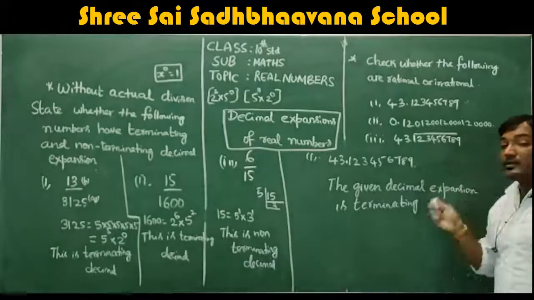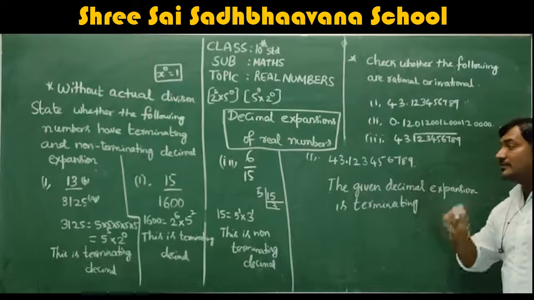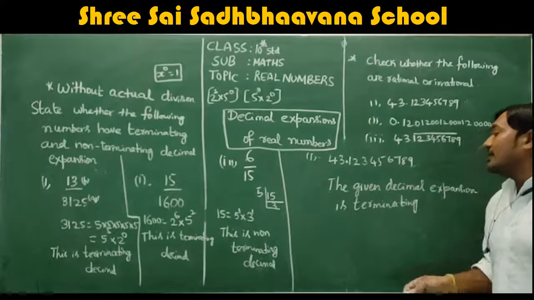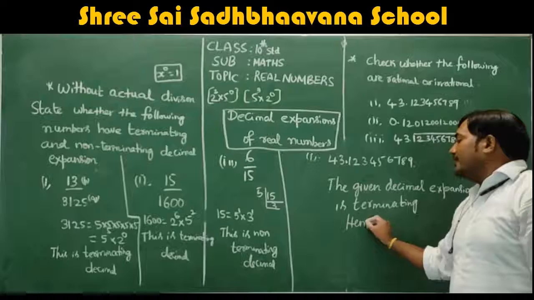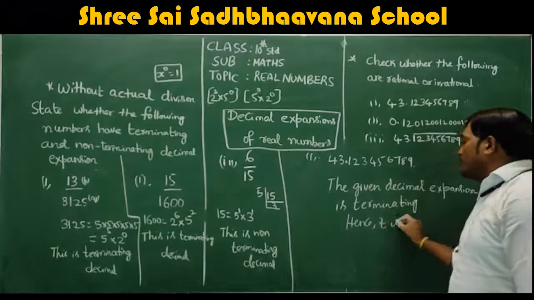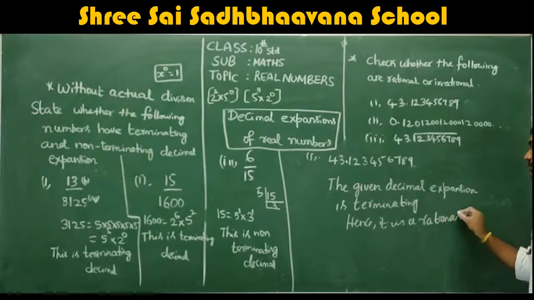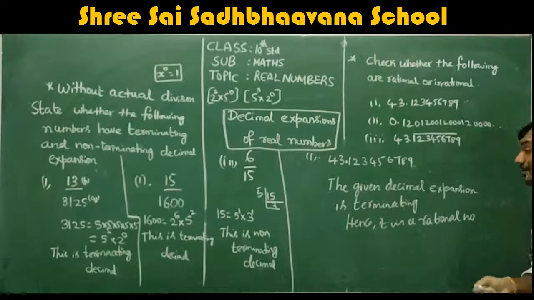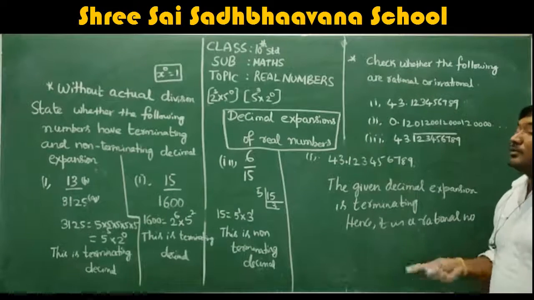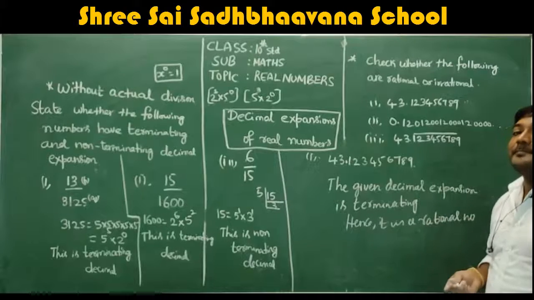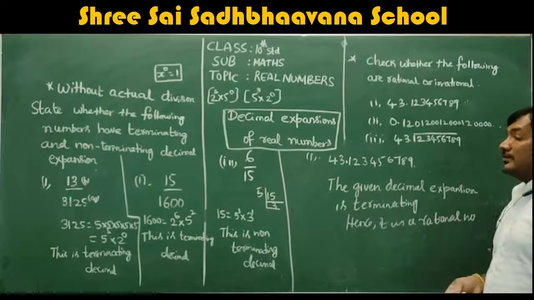They didn't put a dot, remember that. So this is a terminating decimal expansion. Hence, it is a rational number. That is all they ask you to find out. Because it has a terminating decimal expansion, we can say that this is a rational number.